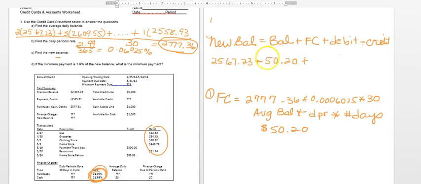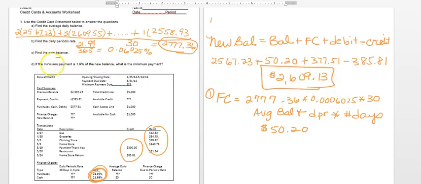So I have a debt of $377.51. And then I subtract the credits. Those are these two values together, so that's $385.81. And that gives me the new balance. My new balance is going to be $2,609.13.